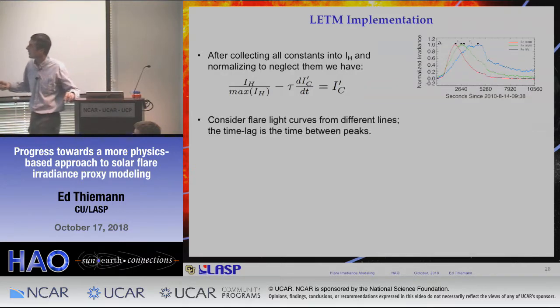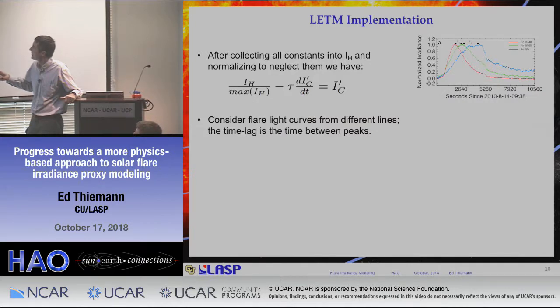And so the idea is, can we take some hotter line measurement and the time lag and solve this equation for the cooler line and get something that evolves with time like an actual cooler line does in reality? And so here's three line measurements: iron 23, iron 18, and iron 15.